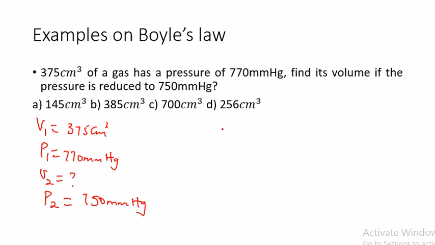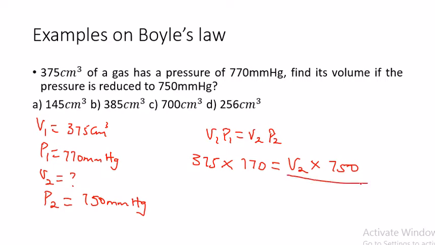Just recall your formula on Boyle's law. Right? So substitute your values. Your V1 is 375. Your P1 is 770. Your V2 is unknown. Your P2 is 750. Divide both sides by 750, and you have your answer as 385 centimeter cube. So option B is right.